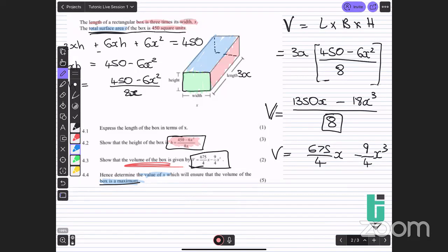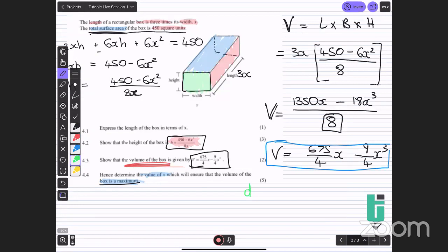Wait, this is the equation, right? Oh, sorry, I was looking at the other one. So it is 675 over 4. But what are we looking for? What do we write here? It's v dash.